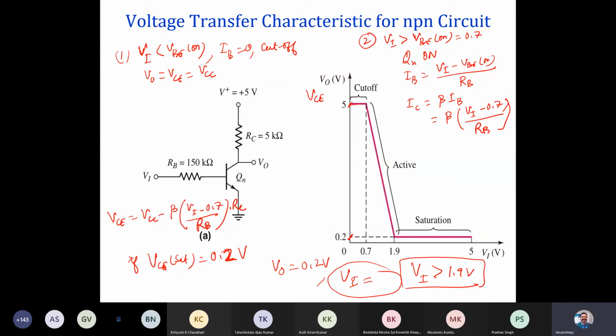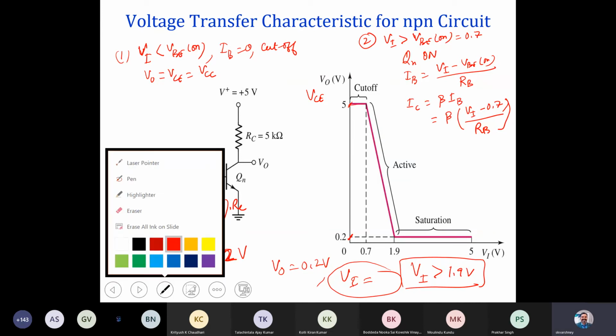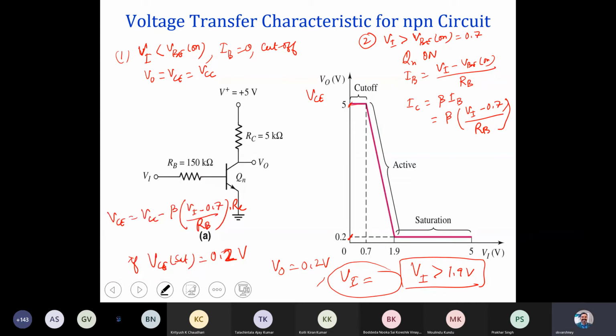The transistor will be in active mode if the input voltage is greater than 0.7.